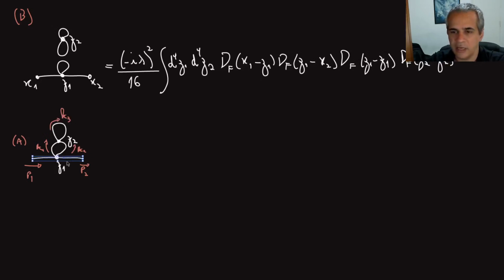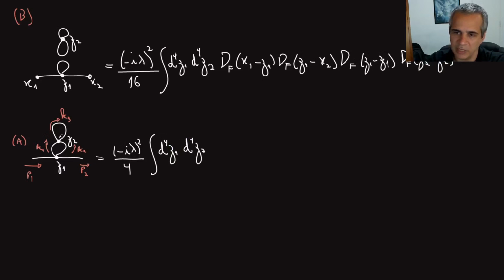This is just minus i lambda square over 4, because nothing changes here, it's a symmetry factor and vertices. I'll leave for now the integration in Z1 and Z2. Remember, we know that these go away and just become momentum conservation in the vertices, but that's what I want to look at.